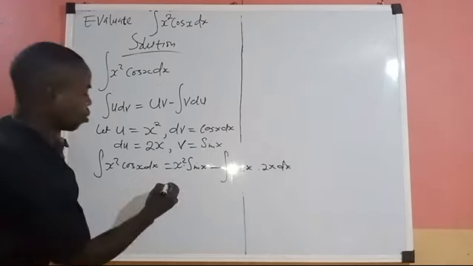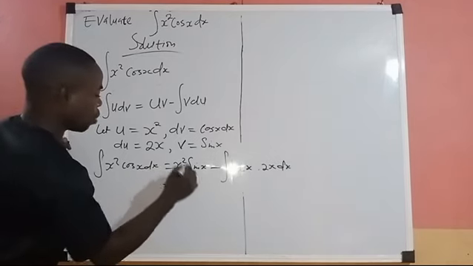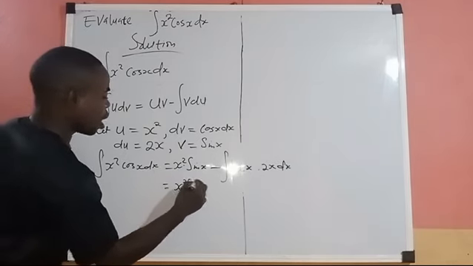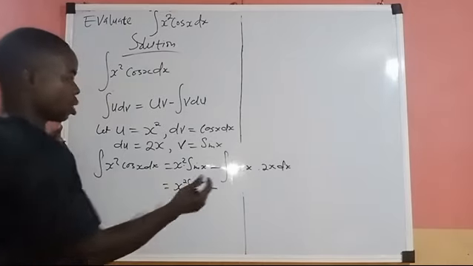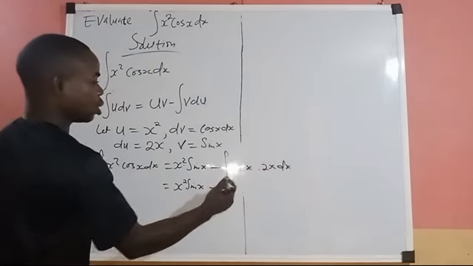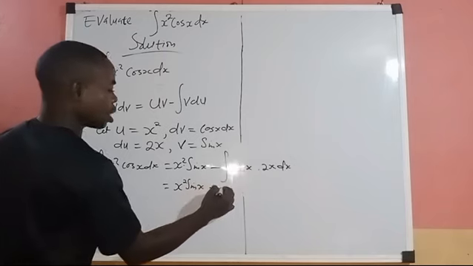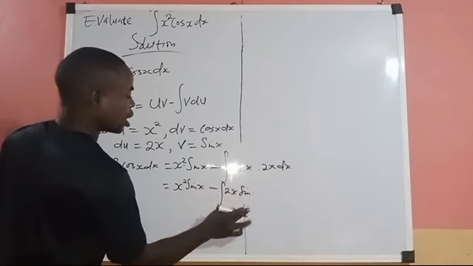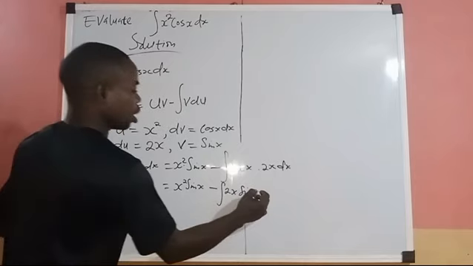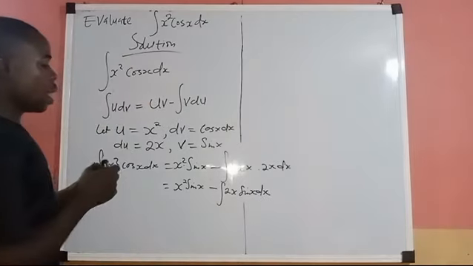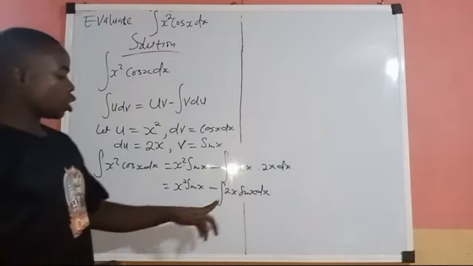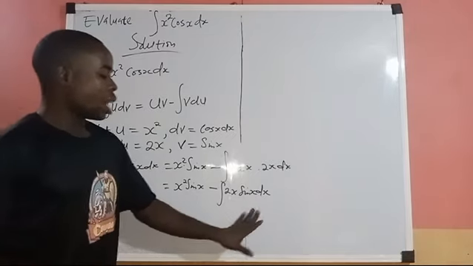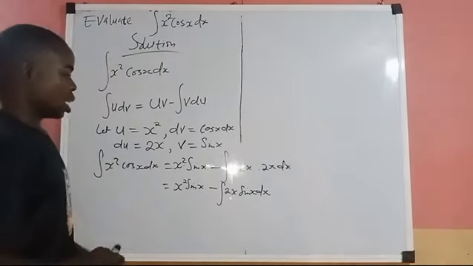Now moving on, we have x squared sine x minus the integral of 2x sine x dx. So again, we can proceed to integrate this one, and we can also do it by parts.